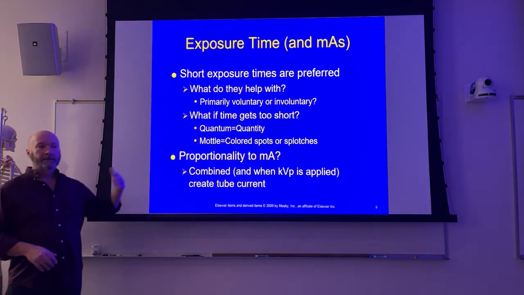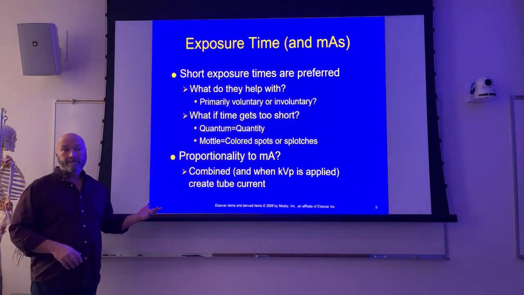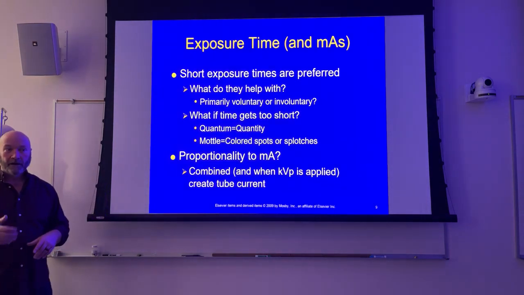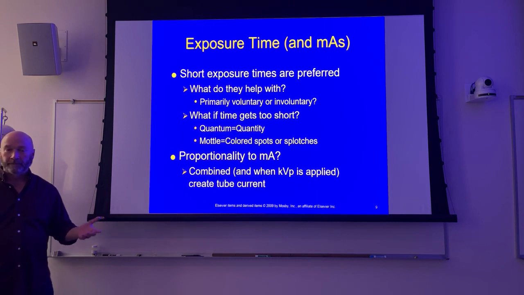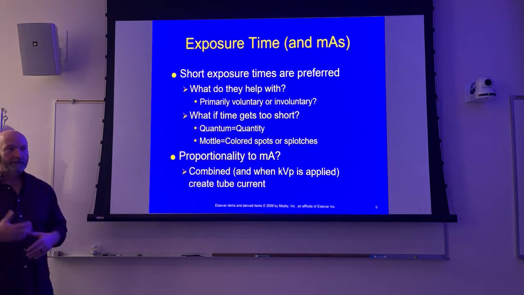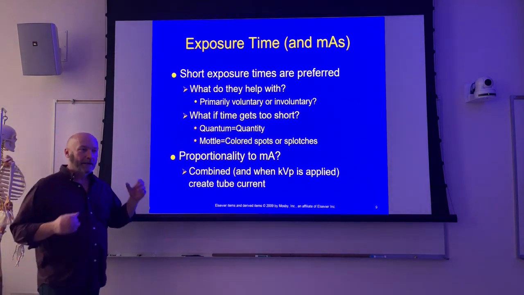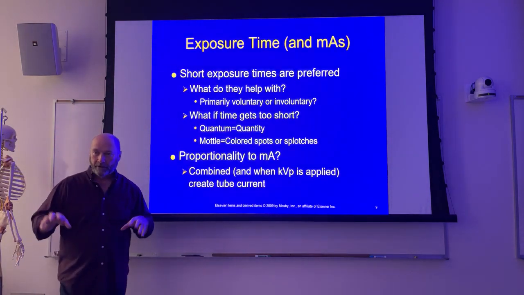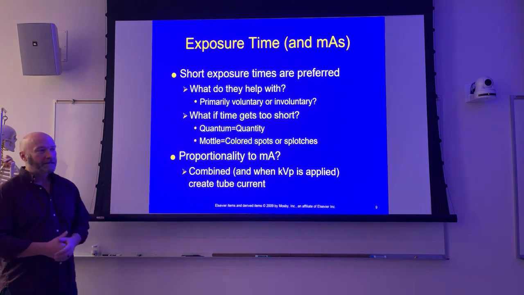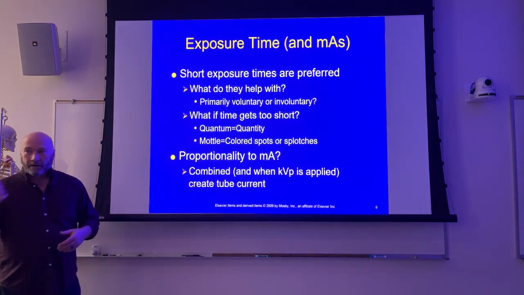Well, what controls the enough in our X-ray beam? Enough being quantity, quantity being mass, right? So we get a splotchy, speckly appearance because we don't have enough mass. That's quantum mottle.